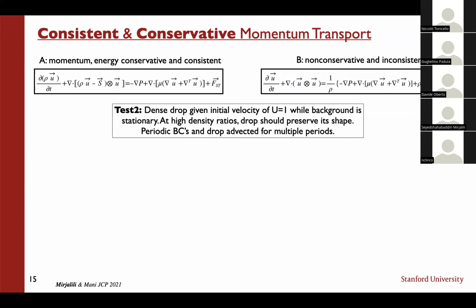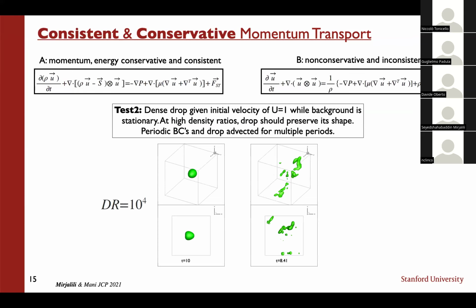Here we have another test where we have a very dense drop. It's given an initial velocity of 1, and the background is stationary. At high density ratios, say 10 to the power of 4 or higher, it's like dealing with a solid that's being advected in a domain, right? So the solid should not move, and that's what we see with the consistent model.